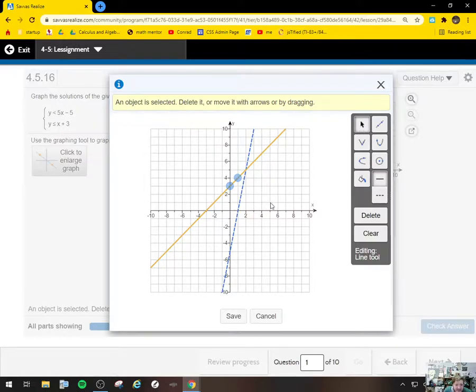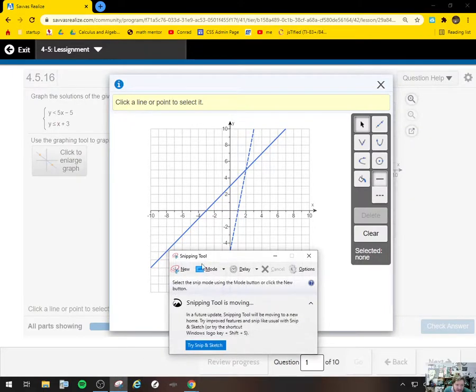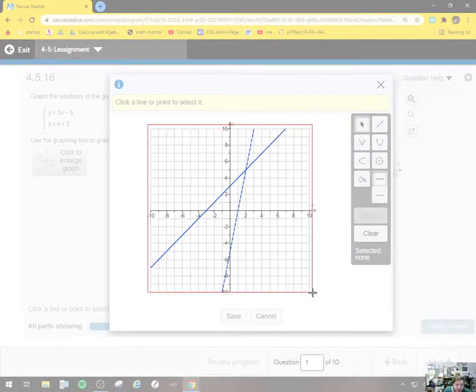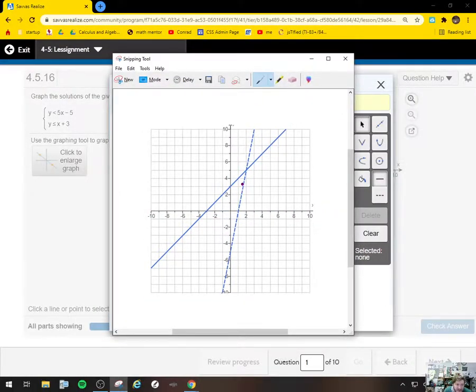So I got my system here, and let's talk about how shading works, because you may want to actually go in with your hands and do this, like put your hand up on the screen and be like, okay, so let's see. This first line, it's not eating the y, so we're shading underneath, and that was my dotted line here.